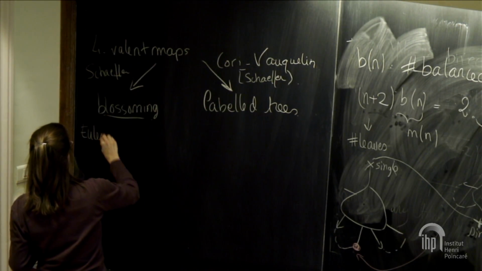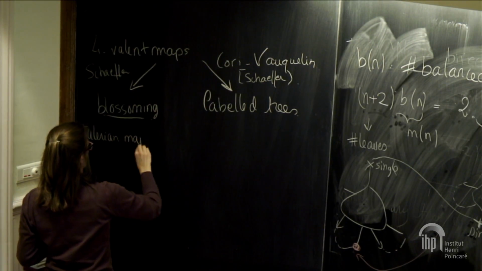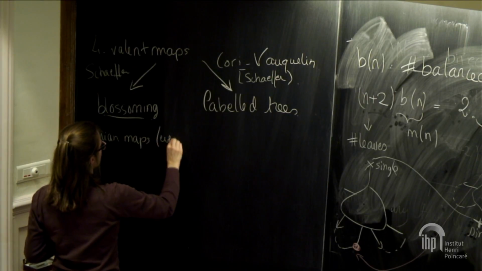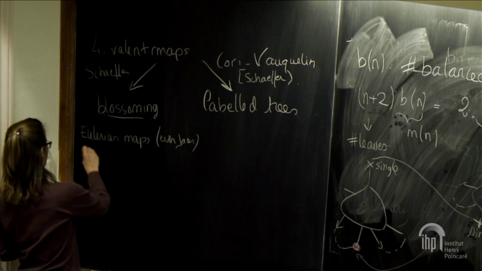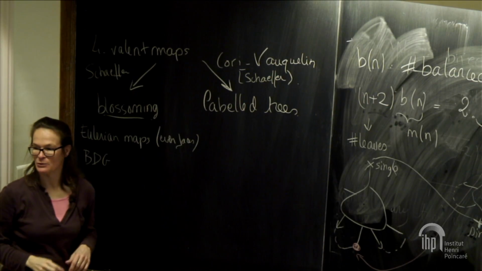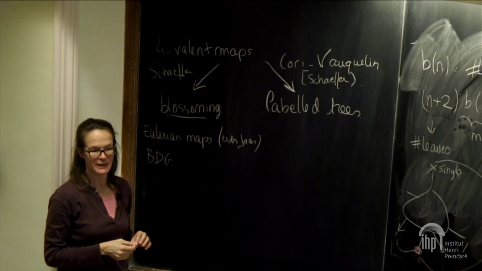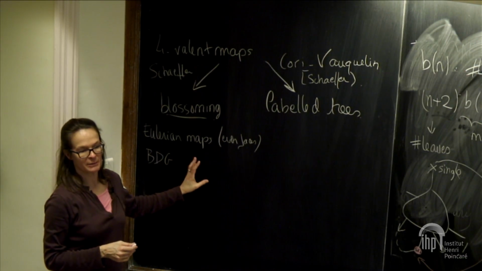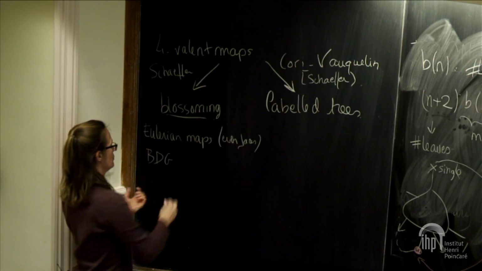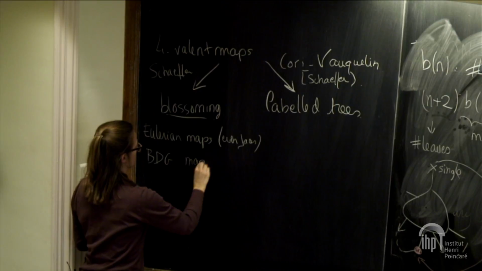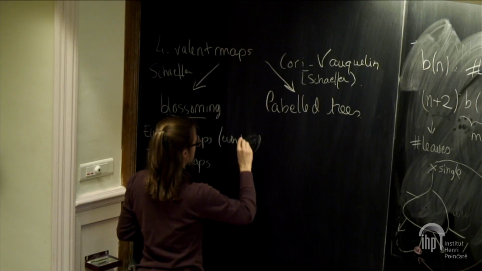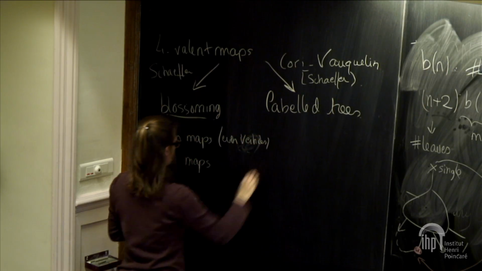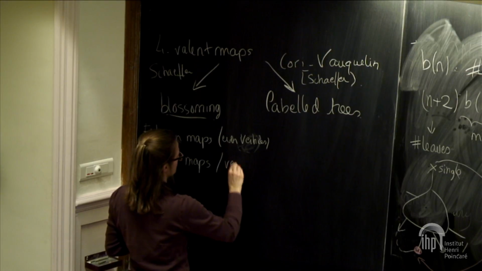So what Gilles actually did was for Eulerian maps in the origin. So that's maps with even faces. And then came the BDG group, so Jérémie Bouttier, Philippe Di Francesco, Emmanuel Guitter, who built blossoming bijections for maps counted by vertex degree, even vertices.